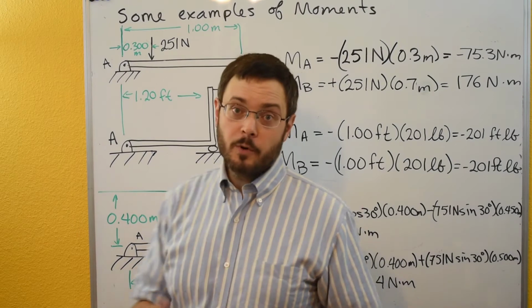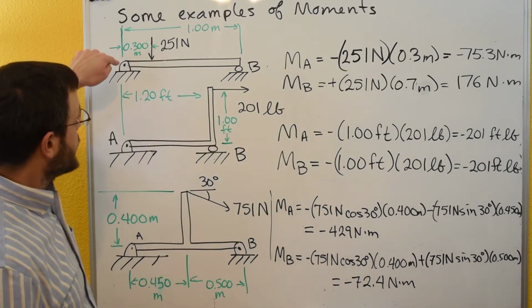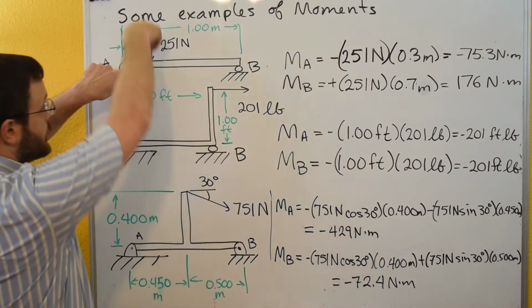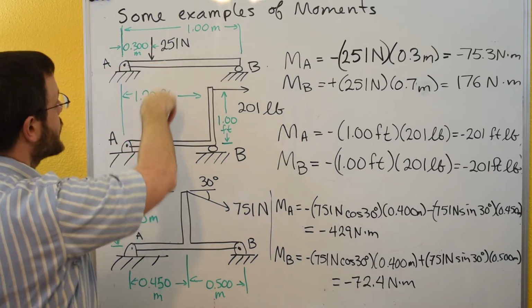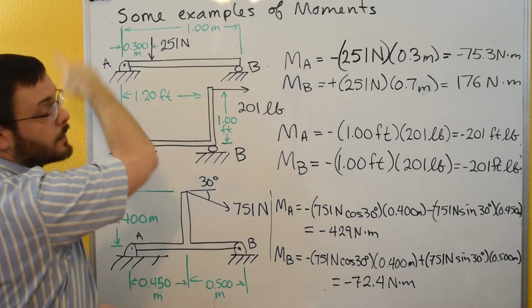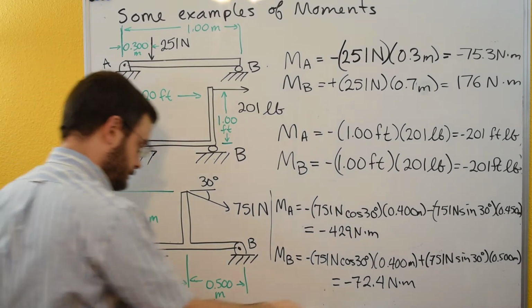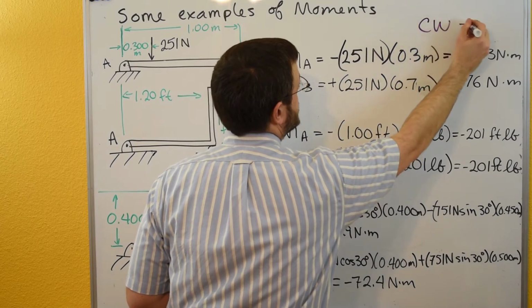Now again, if you prefer to think about clockwise and counterclockwise, just draw the diagram, stab your paper here with your pencil or pen, push on your paper in this direction, and you'll see that the paper spins around A in a clockwise direction. Remember, clockwise is negative.